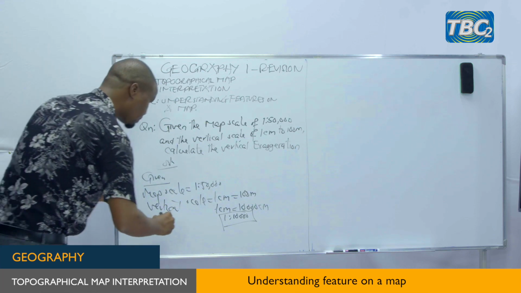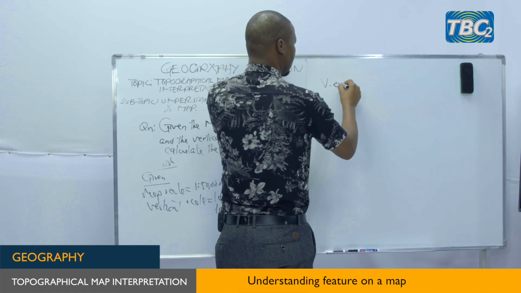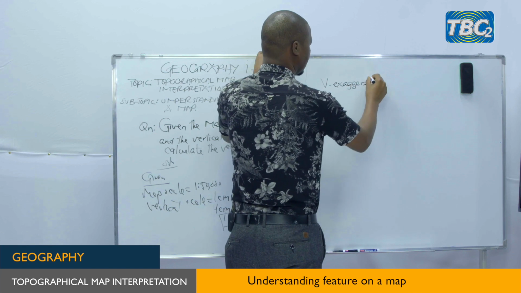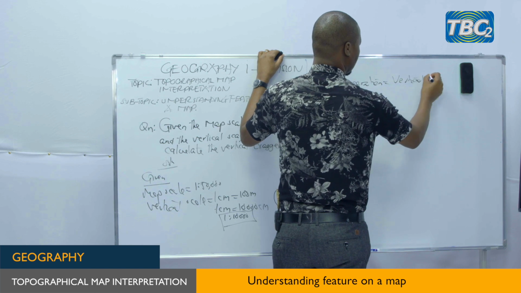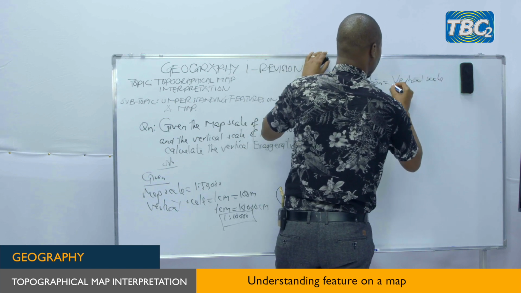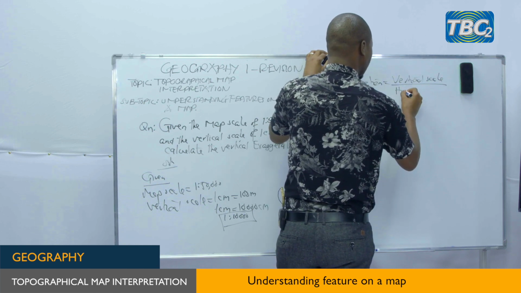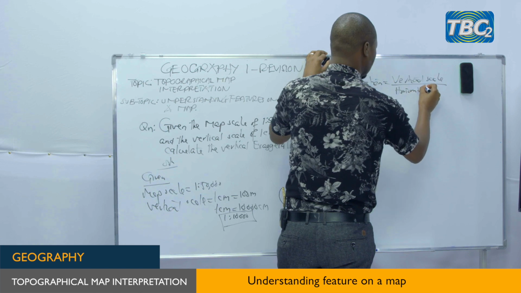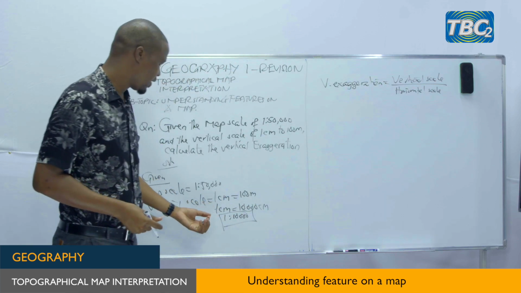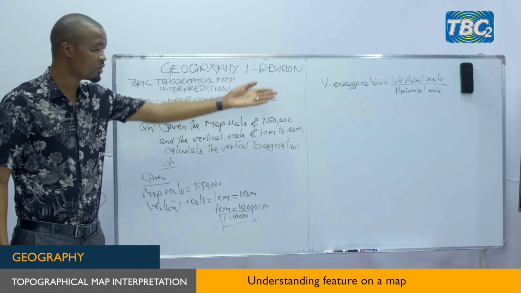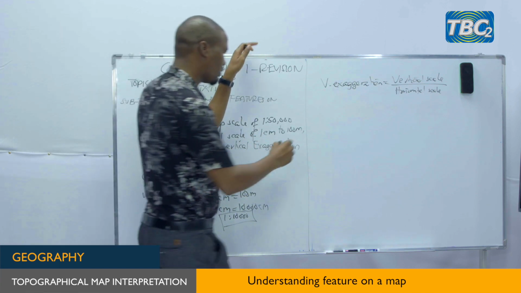So from there, the vertical exaggeration is equal to the vertical scale over the horizontal scale, or the map scale provided. Because we have the map scale, which is equal to the horizontal scale, and we have the vertical scale, we can find the vertical exaggeration.